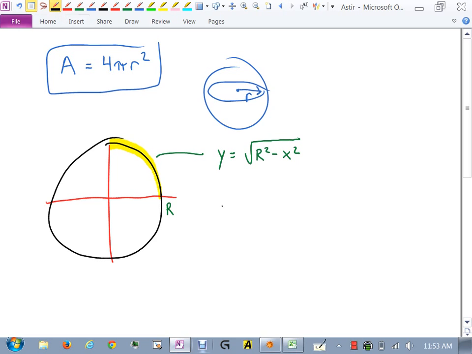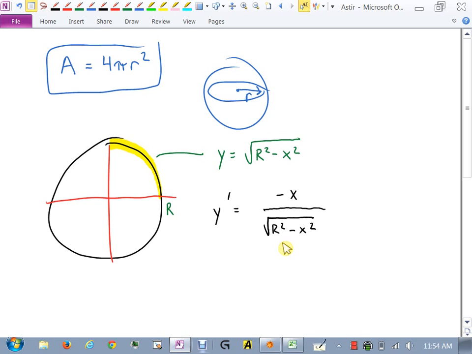What is the derivative of this? I already did some of the cancellation, but that's your derivative.